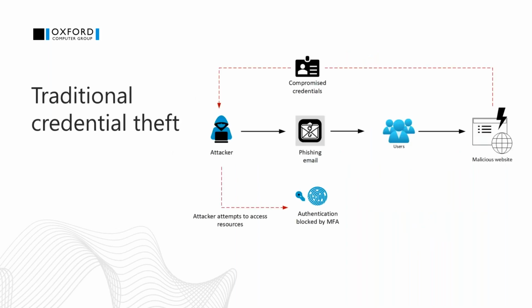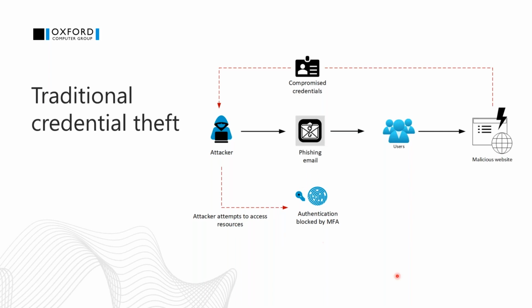What that looks like, essentially, if we go back to the good old days, hate to say that those were the good old days, where traditional credential theft, attacker sends a phishing email to a user, they click on the link, they provide their username and password because the website looks legitimate. Their credentials are then compromised. But if the organization had MFA in place, at that point, the attacker is no longer able to do any damage, right?